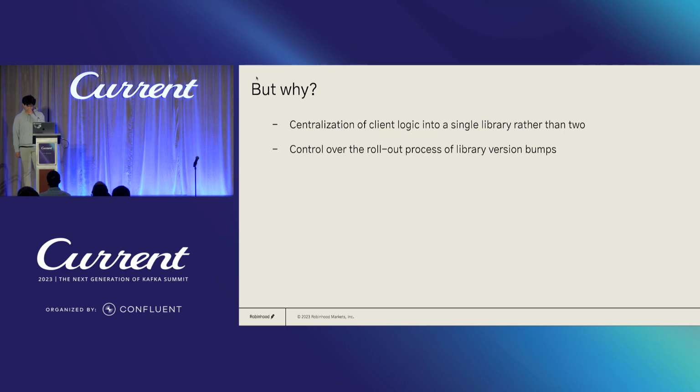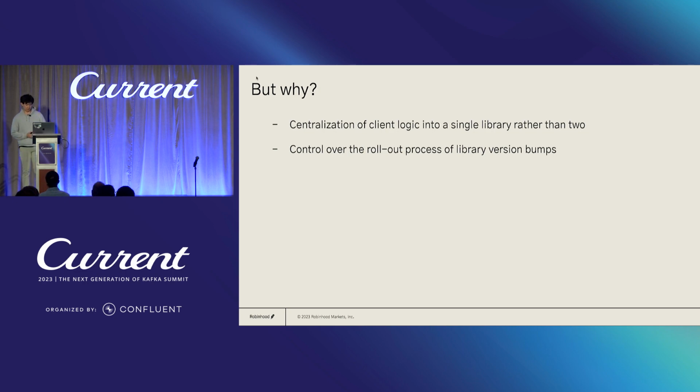Also, this is probably somewhat specific to Robinhood, but it's probably something that a lot of folks who utilize a monorepo run into. At Robinhood, if you make a change to a first-party library, and the change lands on the main branch, you're at the mercy of application teams in terms of when that change gets rolled out to their services.